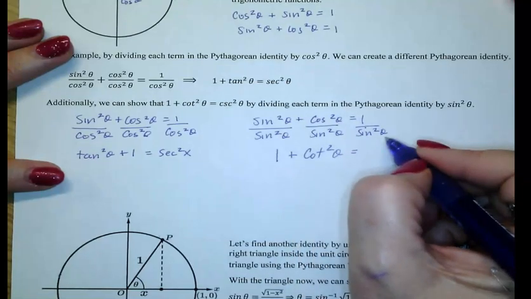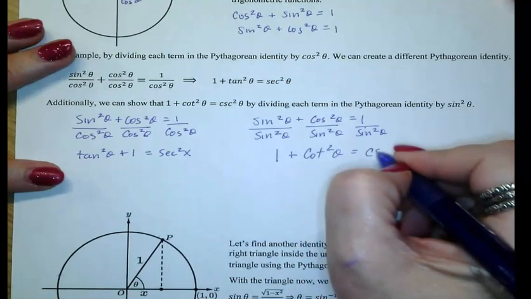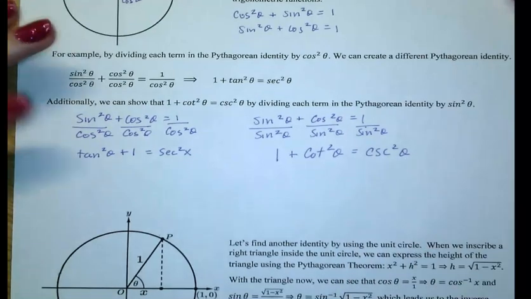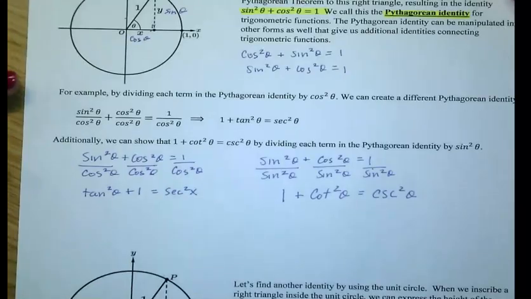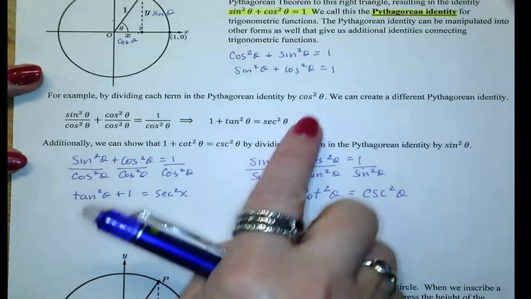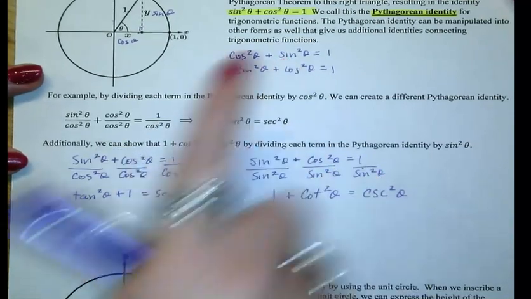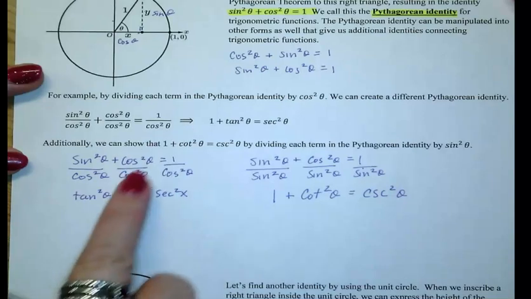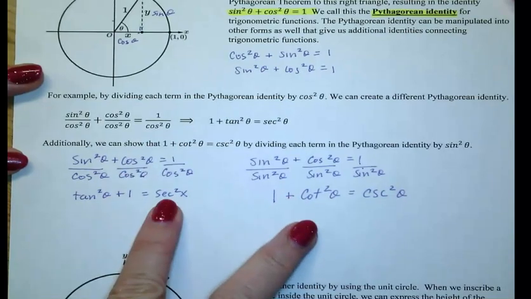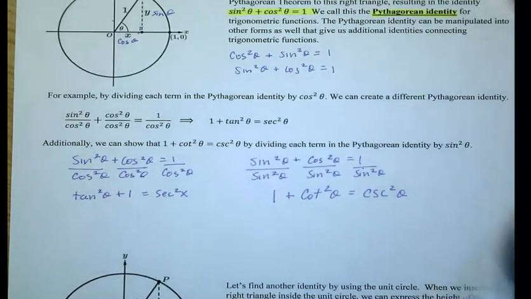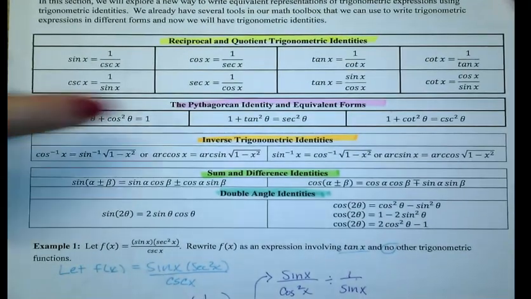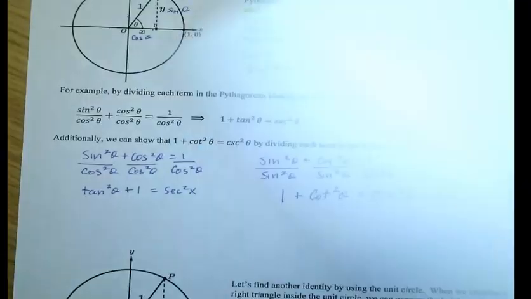And then 1 over sine squared is the reciprocal, cosecant squared. So that's how we can get the 3 Pythagorean identities. This one is used the most. As long as you know this one, you should be able to derive either one of these two, and that would cover all 3 of our Pythagorean identities right here.